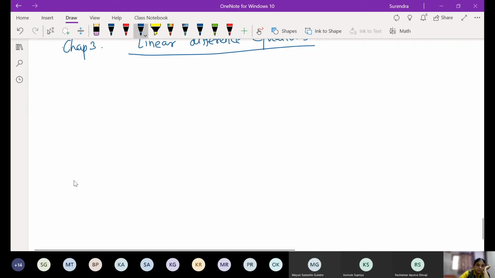In that we first consider first order equations. What is the general form of a first order linear differential equation?